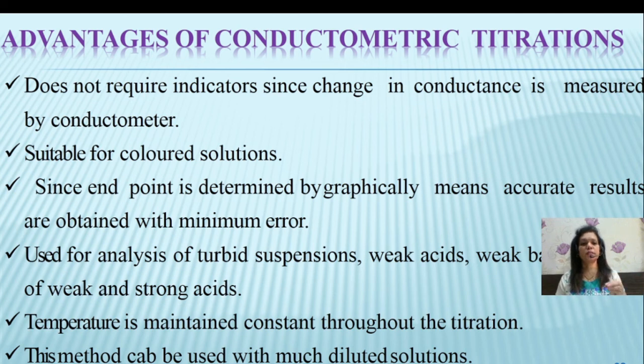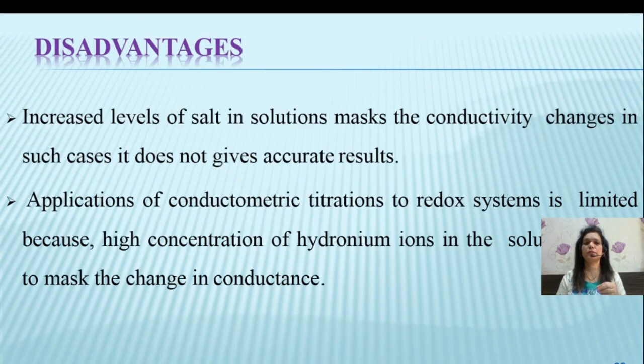Just maintain the temperature constant, and we can use this for dilute solutions. The disadvantage is that an increased level of salt solution can mask the conductivity changes, which will not give accurate results.